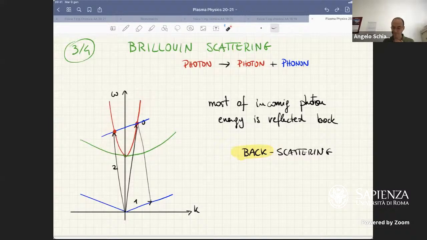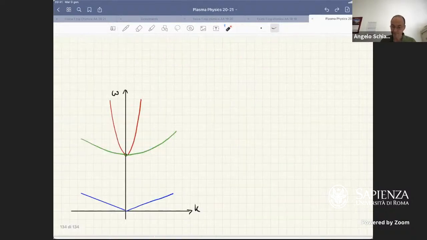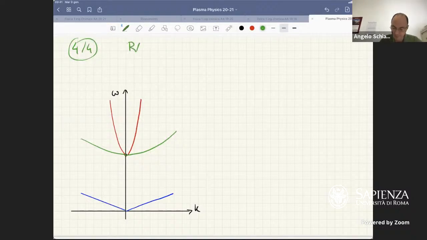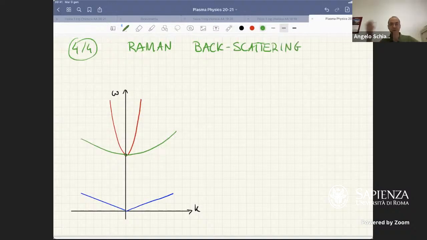Okay. We are almost at the end. Yes, the final part is 4 out of 4, and it is the Raman backscattering. So again, scattering, a photon in the initial and final state. So we have a laser coming and reflected back. This is backscatter.